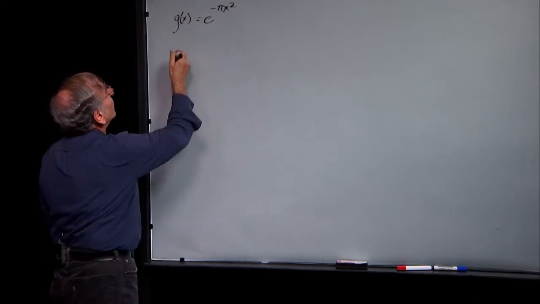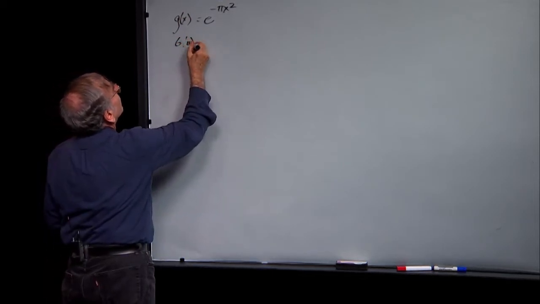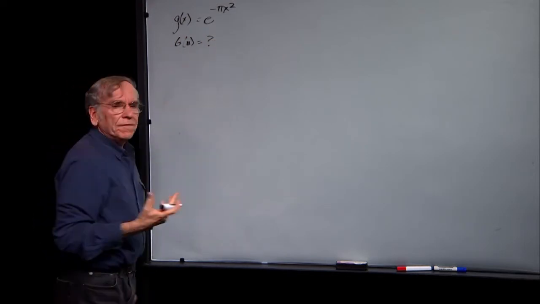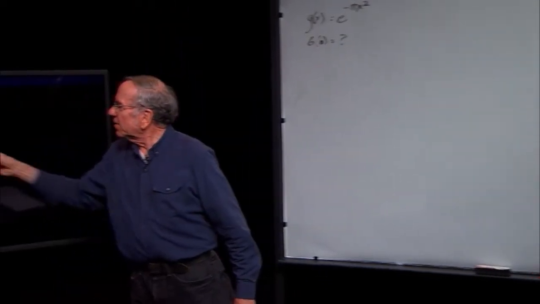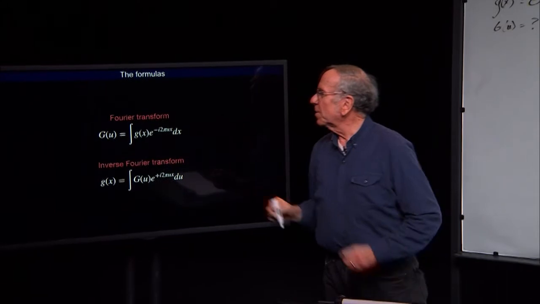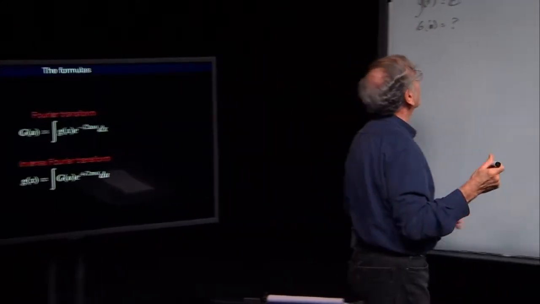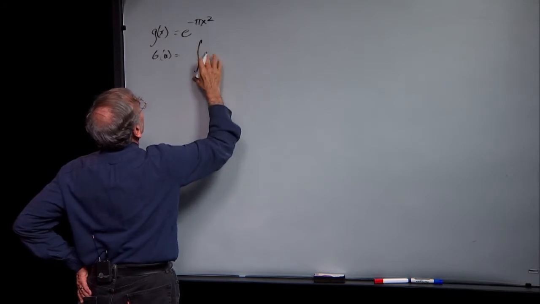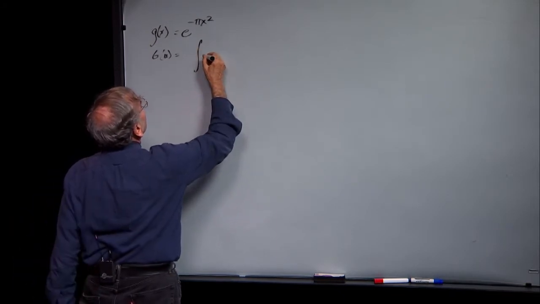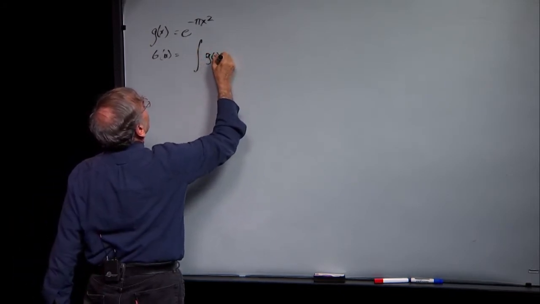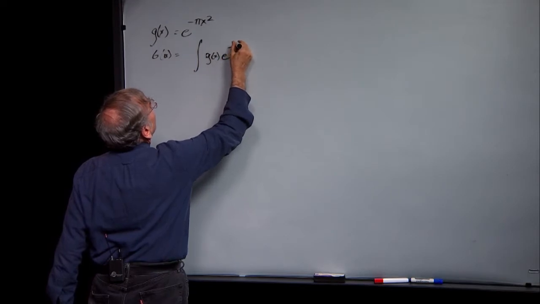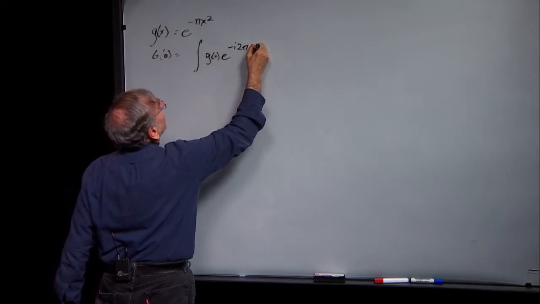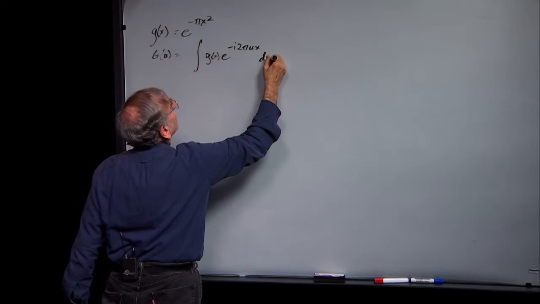And we want to know what big G of u is. Well, big G of u is given by this formula, and so I can write it down explicitly. So big G of u is going to be this integral over all x values, g of x e to the minus i 2 pi ux dx.